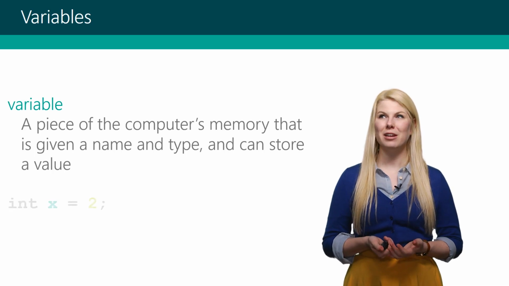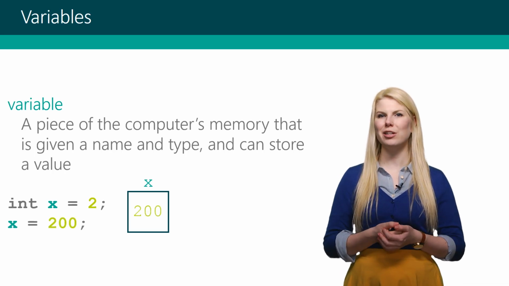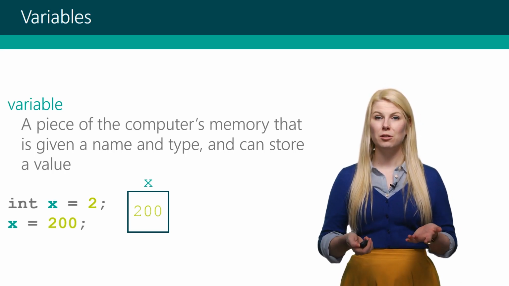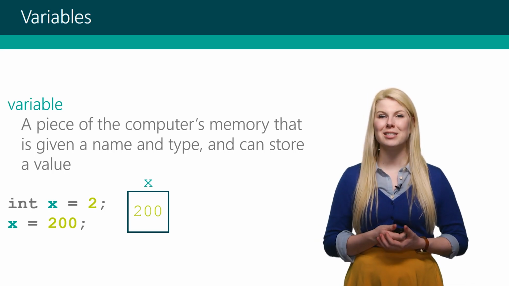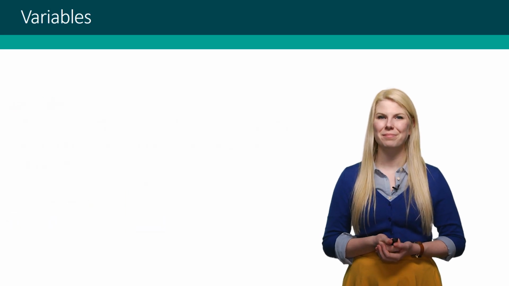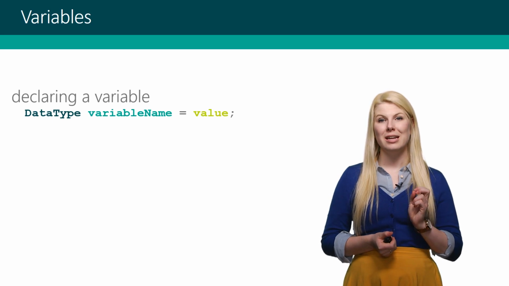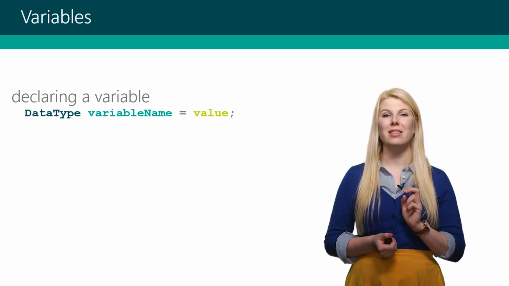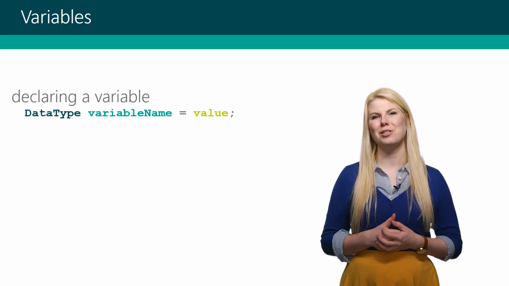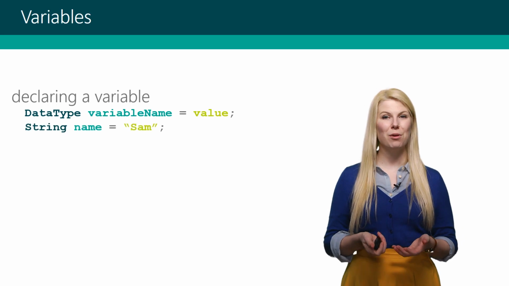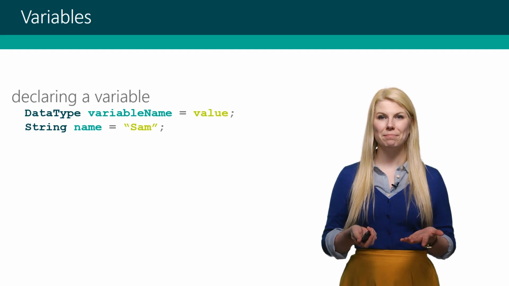For example, you could have an int x that starts as 2 and eventually grows to 200. 2 and 200 are both ints, and they could both be stored under the name x at different points in your code. The way that you create a variable is with the type, then the name, then an equal sign, and whatever you want to store in there. For example, you could have string name equals Sam.